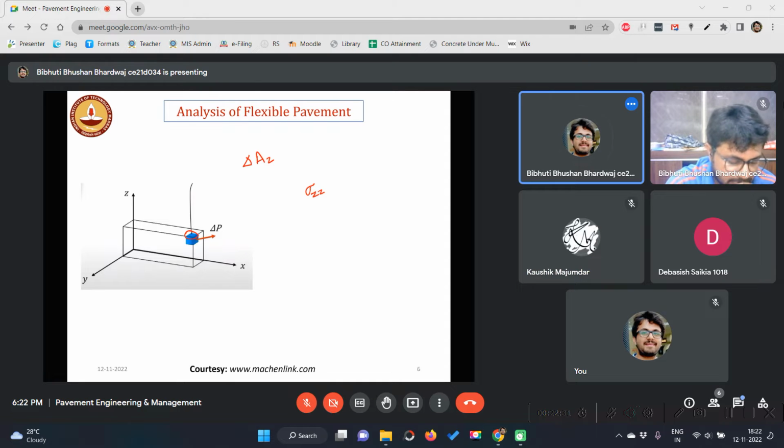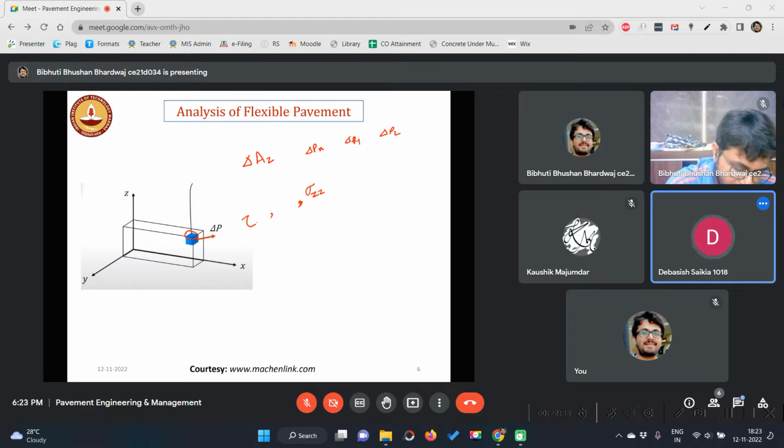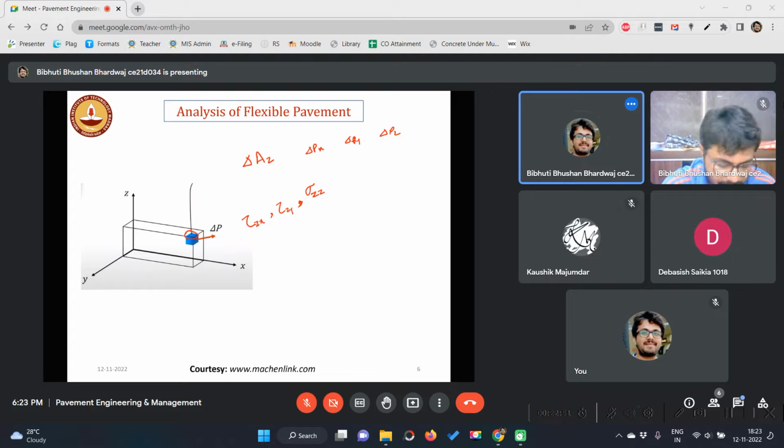Then you come serially: delta Px, delta Py, delta Pz. So sigma zz will come at the third. What are the rest two? Tau zx. Okay. Then tau zy.